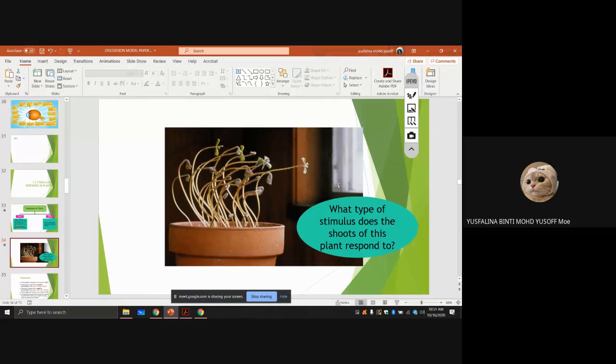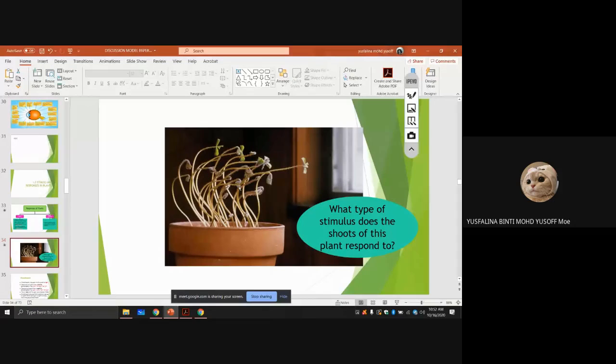the direction of the light. So this is called tropism, right? It means it moves toward the direction, so this is positive. If it moves to the left, away from the direction, we call it negative tropism.